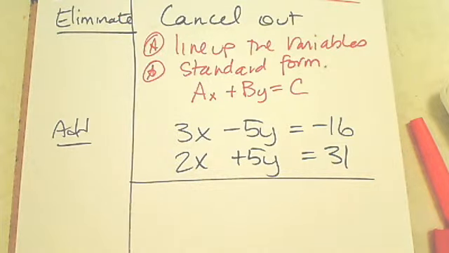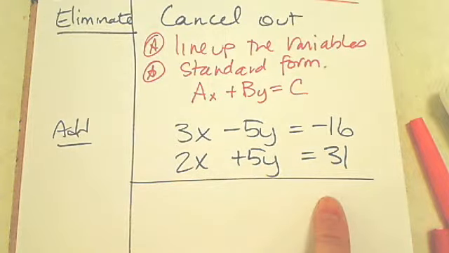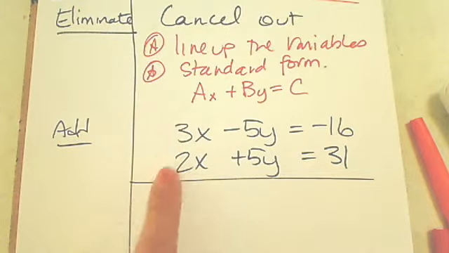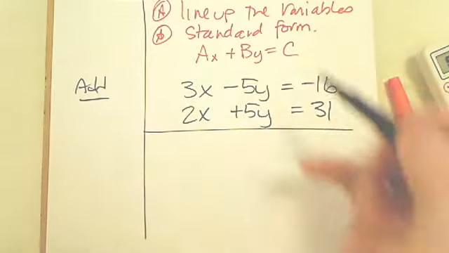Think. Why is substitution more difficult? Because it doesn't have a variable by itself. Right, there's not really a single variable by itself. So if you solve for x or y, what's going to happen? You get decimals or you get a fraction. So sometimes elimination is easier because all you have to do is add.